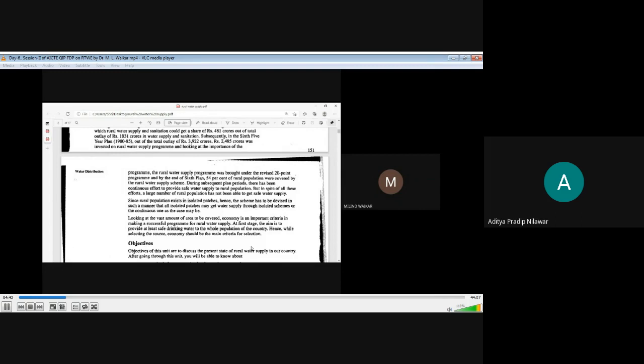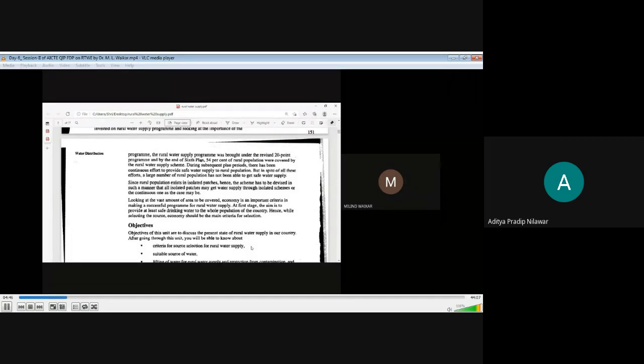We have to have such schemes which will be able to make water available to almost all households, which are located over a vast area. And obviously, we have to take into account the economy as well from an engineering point of view. So with this intention, we have to look at this RWS from different points of view.